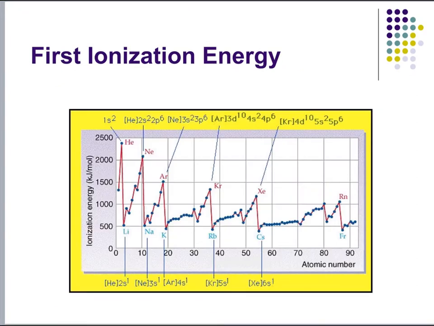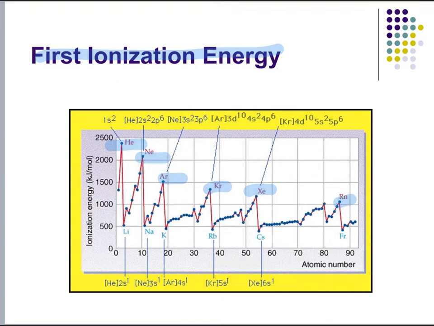This is a graph of first ionization energies for the atoms on the periodic table, meaning it is how much energy it takes to remove the very first electron, only one electron, being removed from the atom in the gaseous state. Let's take a look at some of the peaks on this graph. Helium, neon, argon.